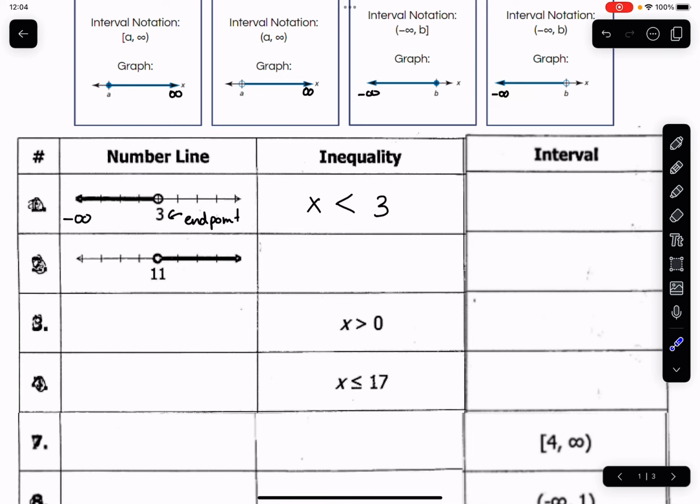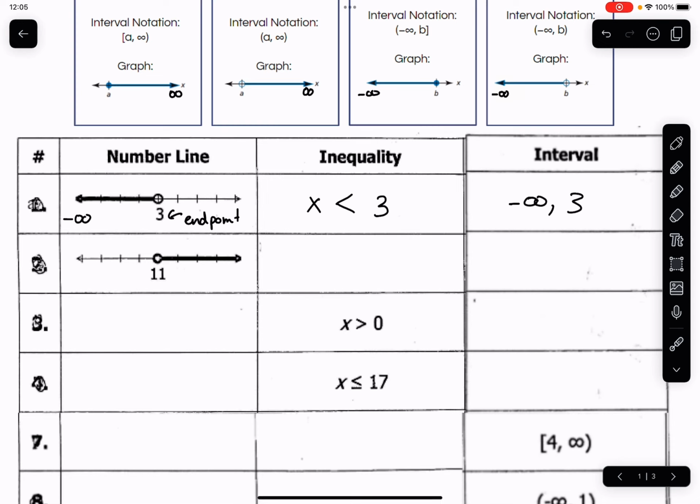Now, to represent this inequality as an interval, we follow the same idea. Using, again, the number line, we see that negative infinity is to the left of positive 3. So we're going to start by writing negative infinity, comma, positive 3 in that order.